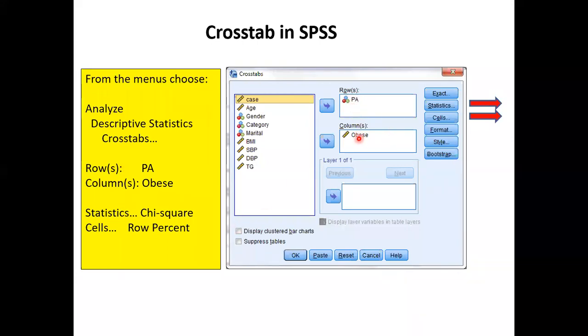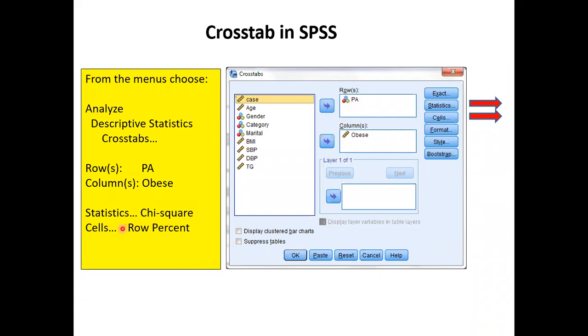Physical activity versus obesity. Earlier, we did the testing of means for physical activity and BMI. So from BMI, we convert to obesity, yes or no, and physical activity. Then click these two buttons, statistics and cells.